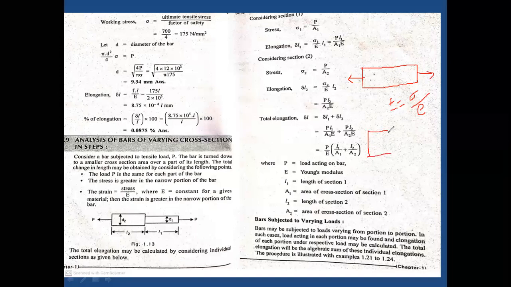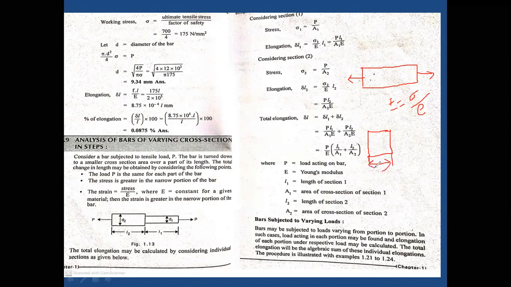So I have a workpiece here, and up to some length I have a cross section, and after that the cross section is reduced like this. So the cross section changes with respect to length.